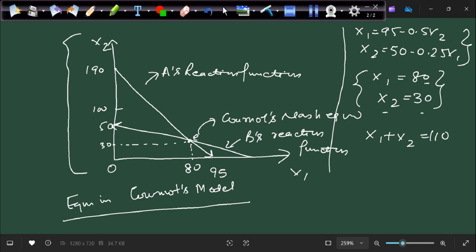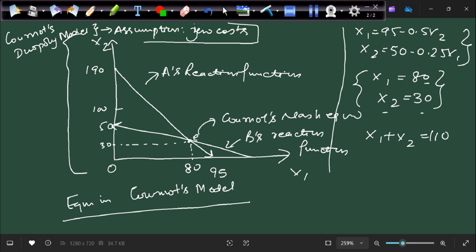Just one important note here. We have done Cournot's duopoly model. In the previous video, we made an assumption of zero costs, right?